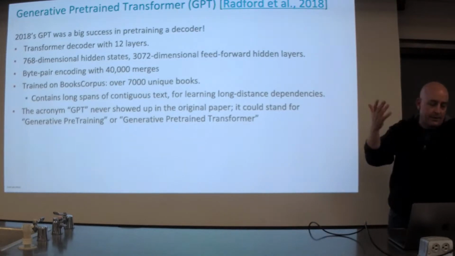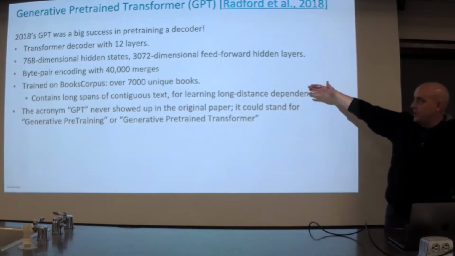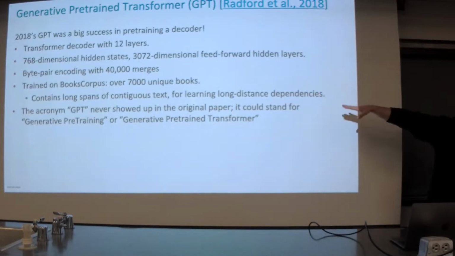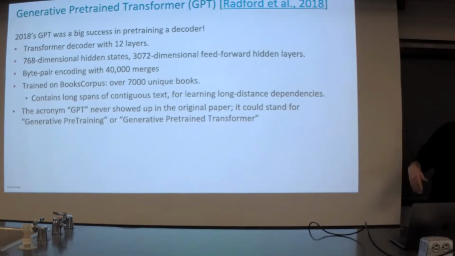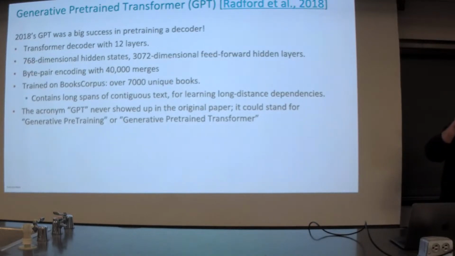So now your vocabulary is just this list of integers. And this initial GPT was trained on what's called the BooksCorpus, some 7,000 plus books. When training in the decoder, you're trying to do this next word prediction task, but how long a sequence you do that over is up to you.